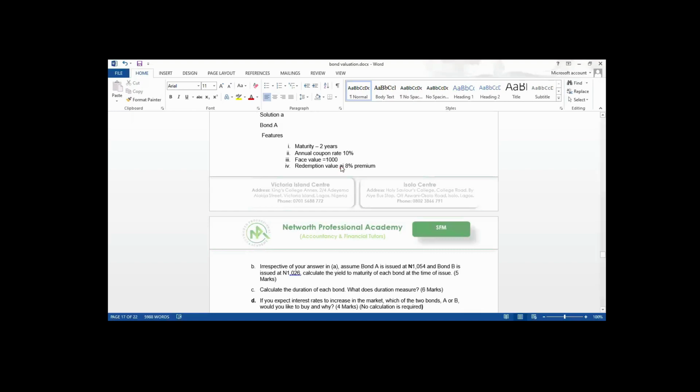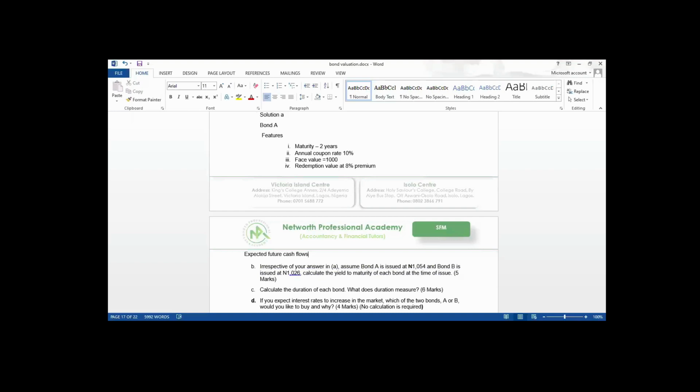The features of bond A, as given by the examiner. Next, expected future cash flows. What we are trying to do is to follow that definition we have explained.